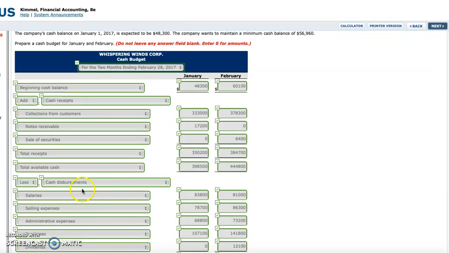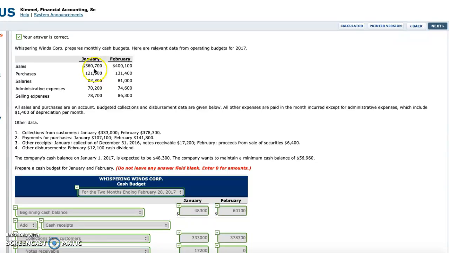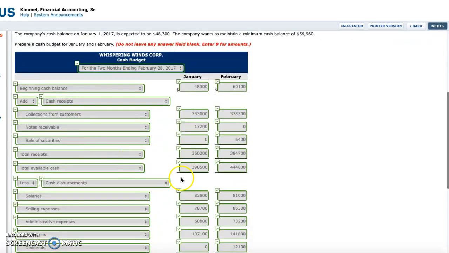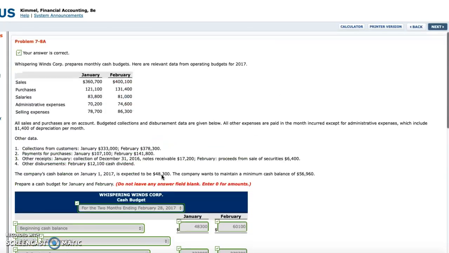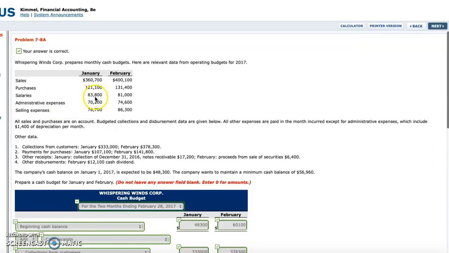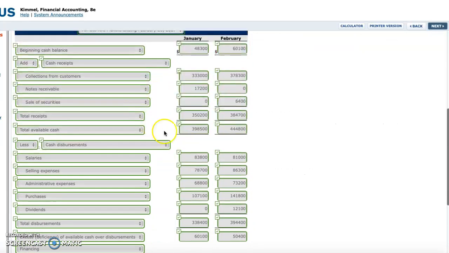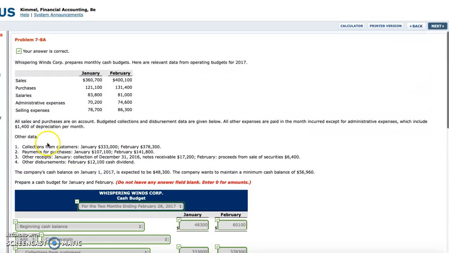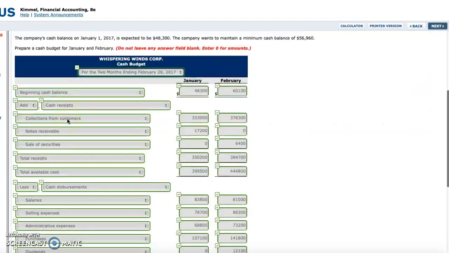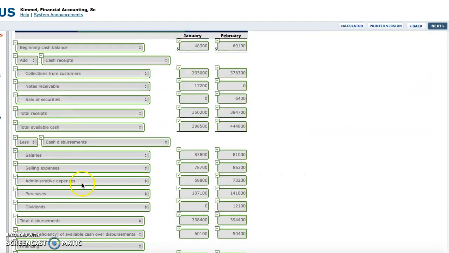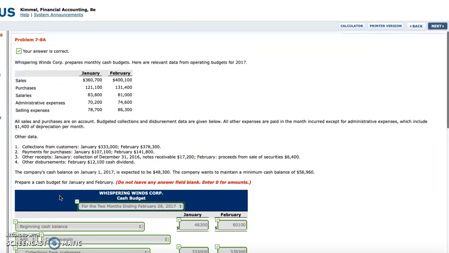And less cash disbursements, salaries. We're going to find our salaries, and we're going to add them into here, which is here, salaries. And then selling expenses and administrative expenses, we've talked about that already. And then purchases are here.